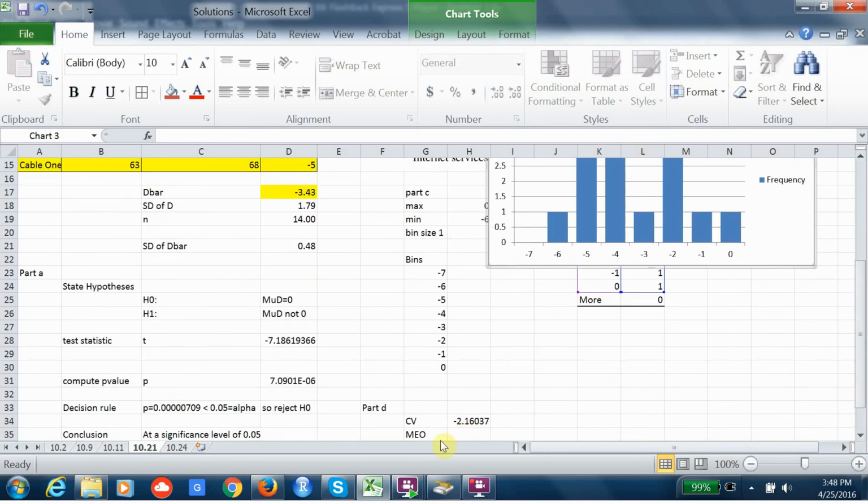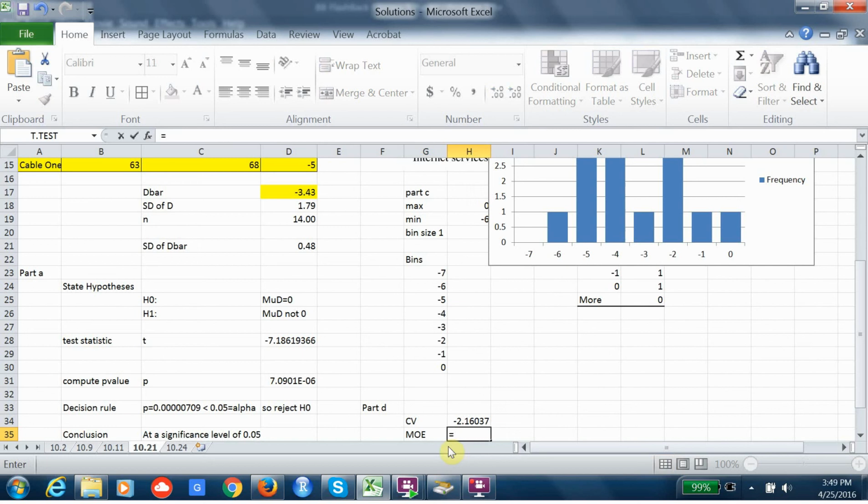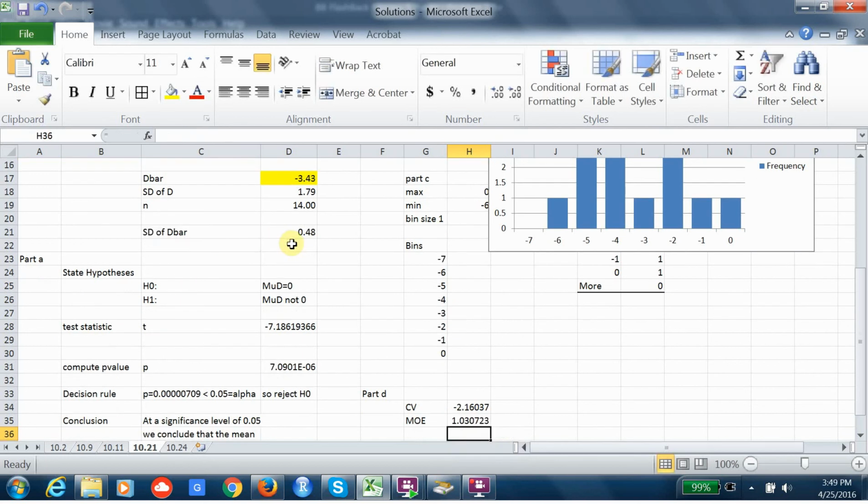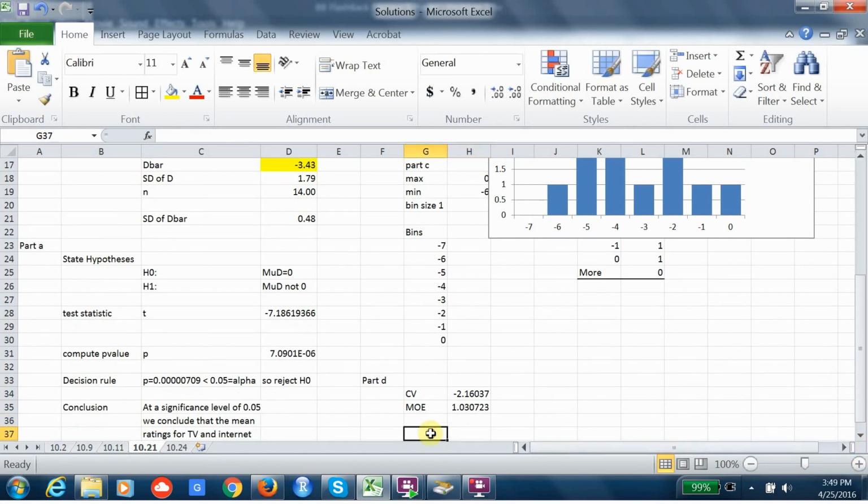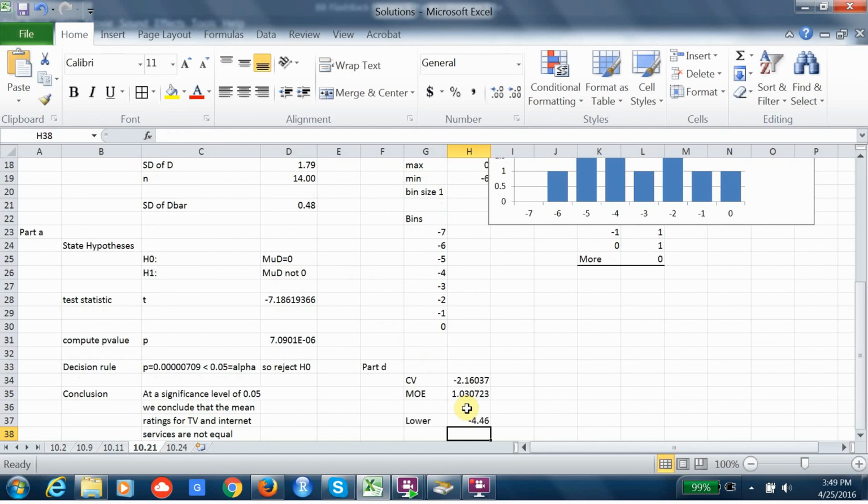Now I'm going to make this margin of error positive. So this is equal to the absolute value of this times the standard deviation of d bar. Now we're ready. It's just d bar plus or minus that. So the lower endpoint is just d bar minus this, and the upper is just plus.